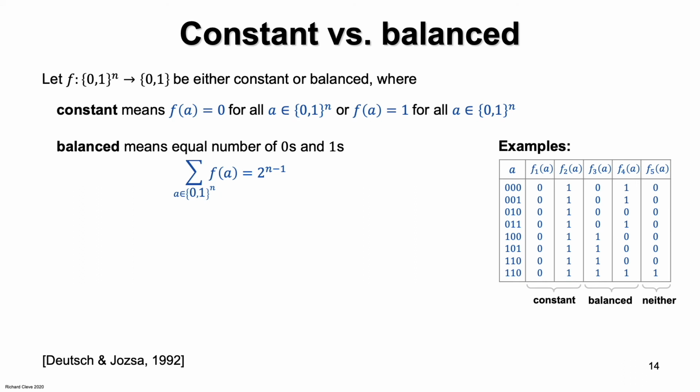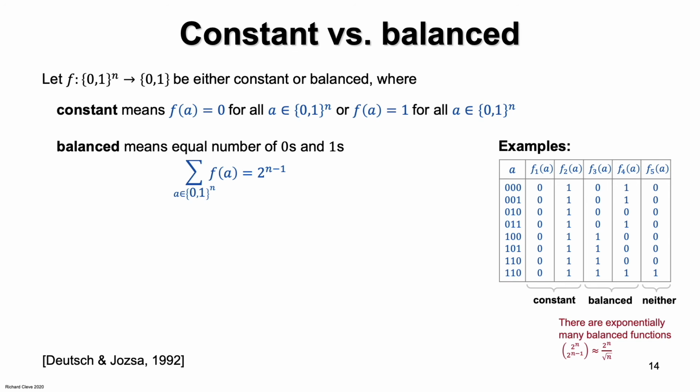And the fourth function is another balanced function, but with the positions of the zeros and the ones mixed up. And the fifth function is neither constant nor balanced, just as a reminder that this third category exists. How many balanced functions are there? Lots. There are exponentially many such functions.